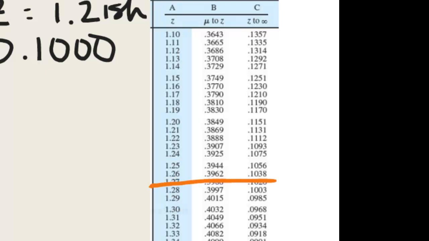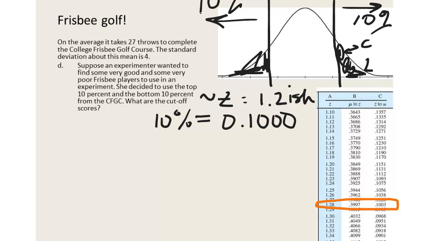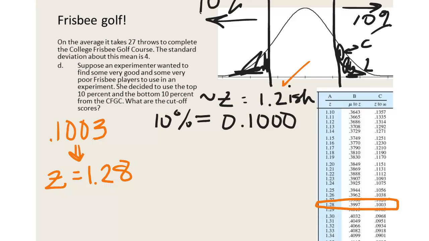Closest is all we care about. And I see that that comes from a z-score of 1.28. Really, either plus or minus 1.28. So I used the context in the problem to figure out the proportion that mattered, and then I went to the table in the right column, found that proportion, and looked to column A to see the z-score.